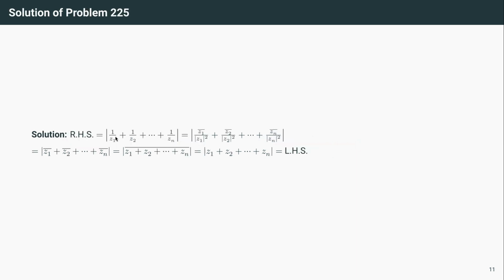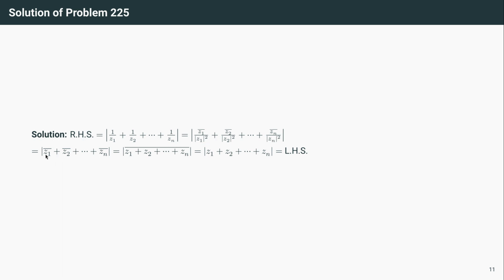So in this question, we start from the right hand side. We have 1 by z1 plus 1 by z2 up to 1 by zn. We write them as z1 bar by mod z1 square plus z2 bar by mod z2 square and so on up to zn bar by mod zn square. Now we are given that the square of modulus is 1.